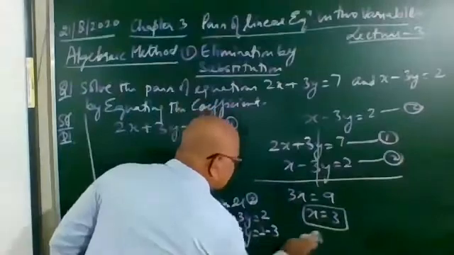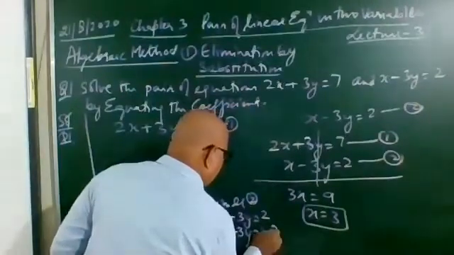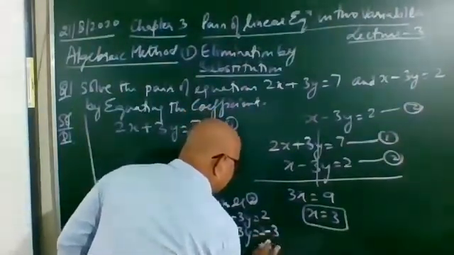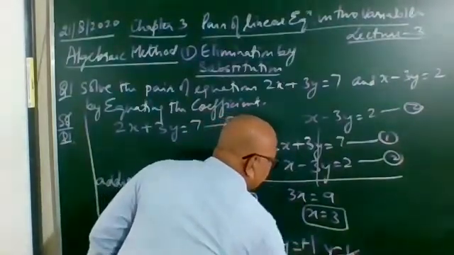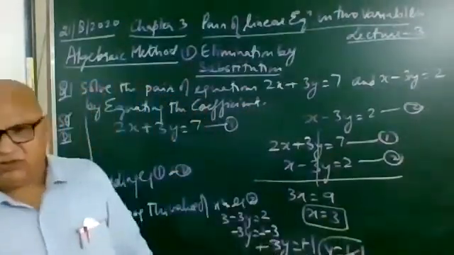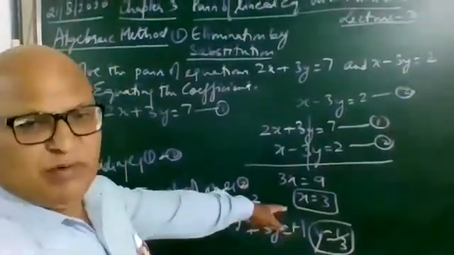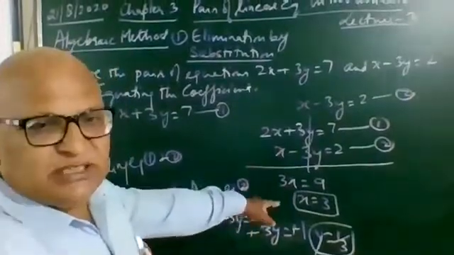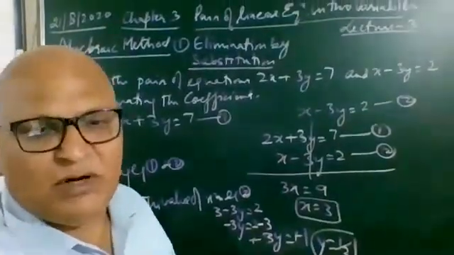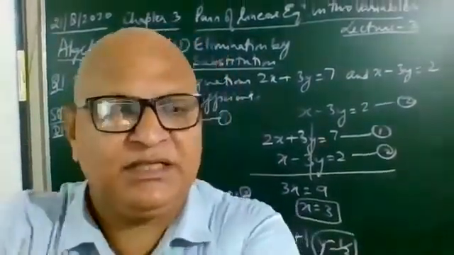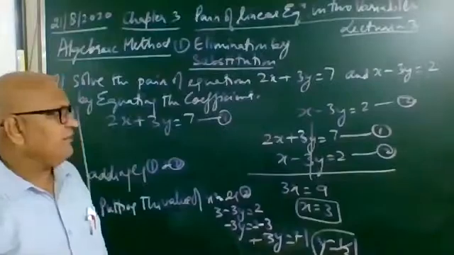Minus 3y equal to minus 1, the minus cancels, and y equal to 1 by 3. This you remember: y equal to 1 by 3. So x is 3 and y is 1 by 3. This is your elimination by equating the coefficient method.